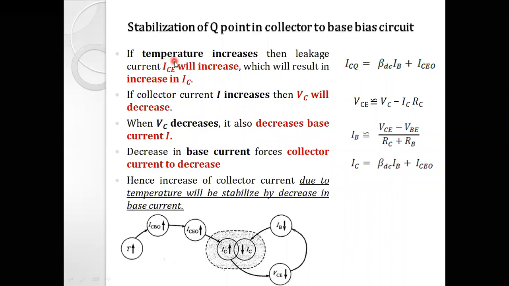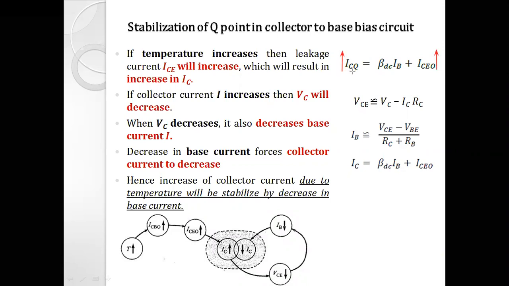If temperature increases, previously I told that whenever the temperature increases or decreases, there is a direct effect on the leakage current, ICEO, right? So if temperature increases, then ICEO increases, and if ICEO increases, then obviously IC gets increased.